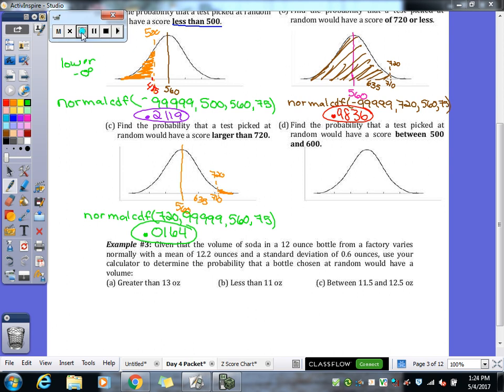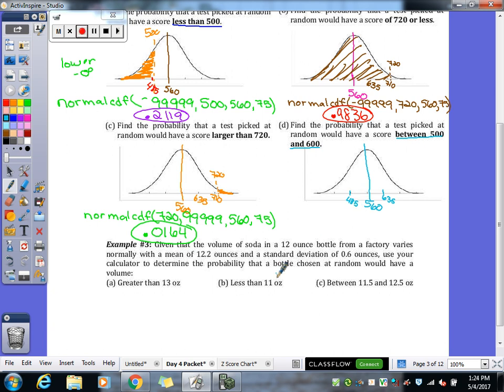All right, and then our last one over here. Find the probability that a test picked at random would have a score between 500 and 600. So to make our picture, as always, I put my mean right there in the middle, my 560. One above is 635.